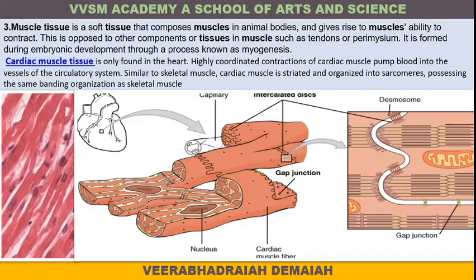Highly coordinated contractions of cardiac muscle pump blood into the vessels of the circulatory system. Similar to skeletal muscle, cardiac muscle is striated and organized into sarcomeres, possessing the same banding organization as skeletal muscle. This is a very important slide, my dear friends. This is the heart, and the heart is made up of cardiac muscle tissues.